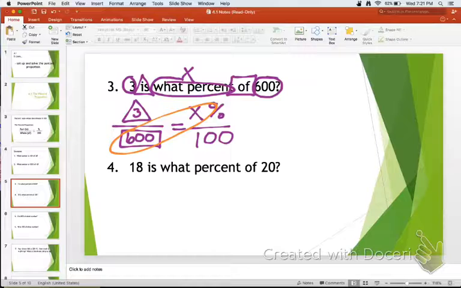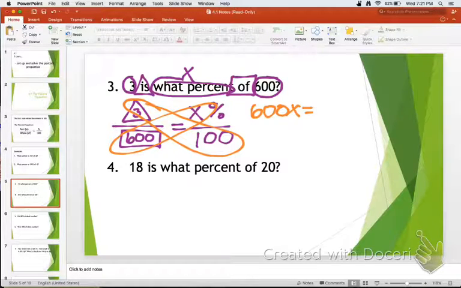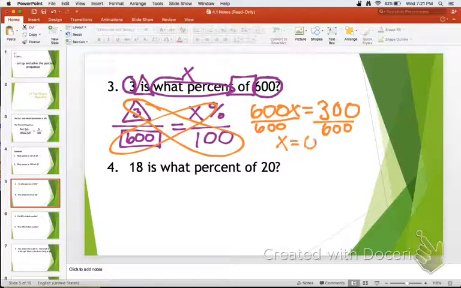So I have 600 times x gives me 600x equals 3 times 100 gives me 300. I know the opposite of multiplication is division, so I'm going to divide by what is happening to my x. x is getting multiplied by 600, so I'm going to divide by that. So I type 300 divided by 600, and I get x equals 0.5. And because this is a percent, I have to label it with my percent sign.